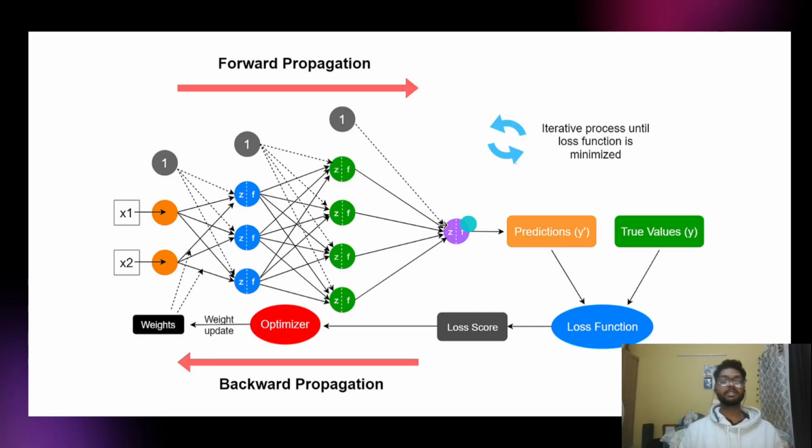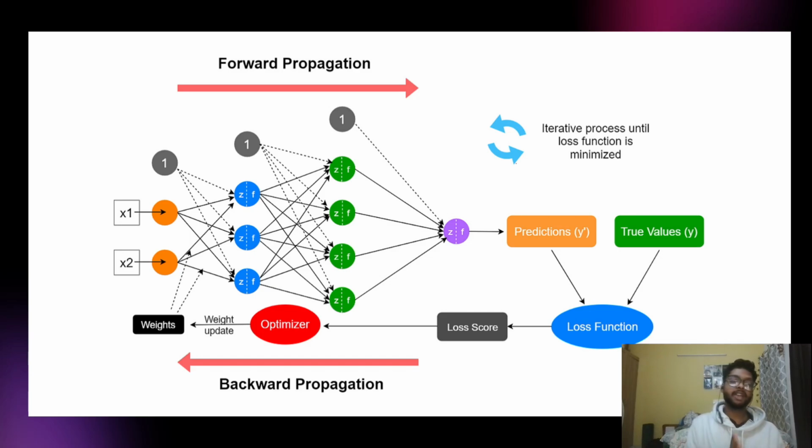Now, this prediction can be true or can be false. And the difference, how much our predicted value varies from the true value, is calculated using a loss function. When this is given to the optimizer, the main goal of the optimizer is to reduce the loss function, to make our prediction closer to the true value.